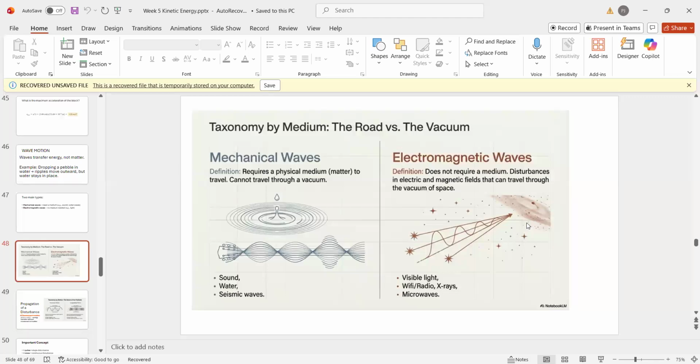Mechanical waves cannot travel through a vacuum. It's just like sound. There must be a medium where it travels.